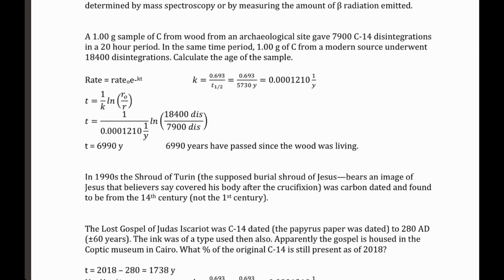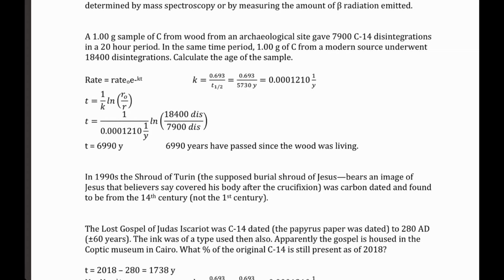So because we have rate information, we're going to use that rate is equal to rate naught e to the minus kt. From the half-life of the carbon-14, the value 5730 years, we can find the rate constant, and we get that value 0.0001 inverse years.